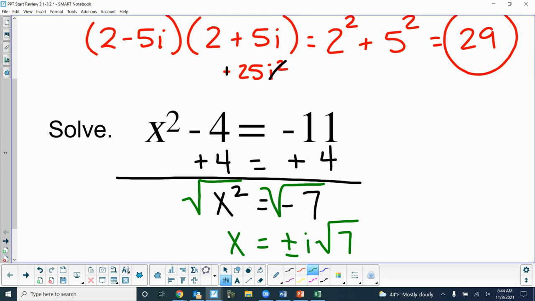How about 19? That was just combining like terms. That was a subtraction problem. How about 31 and 44 and 46? It's all multiplication of complex numbers. 44 and 46 were like the warm-up using the conjugate.